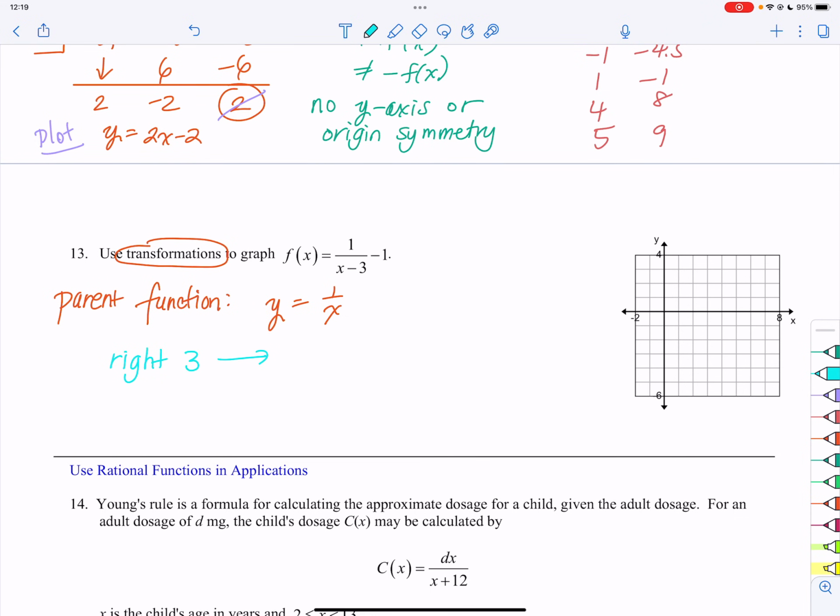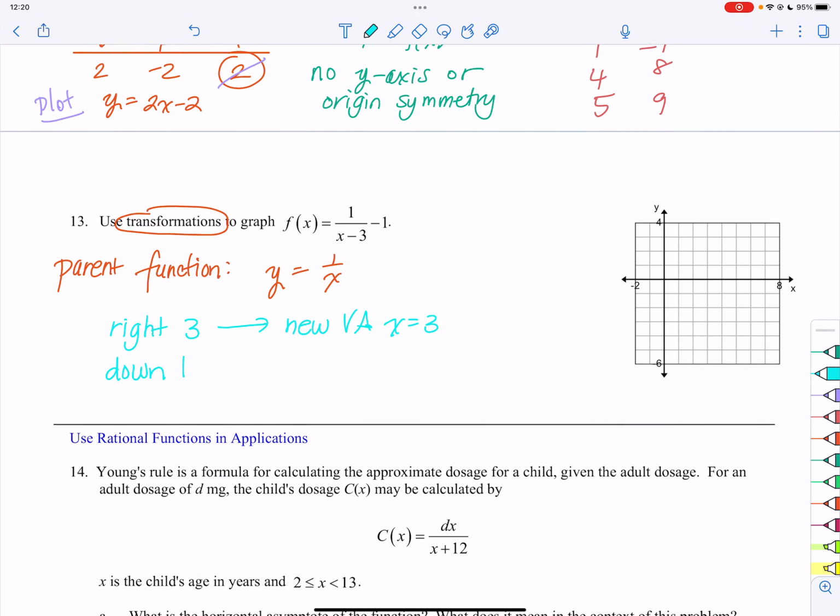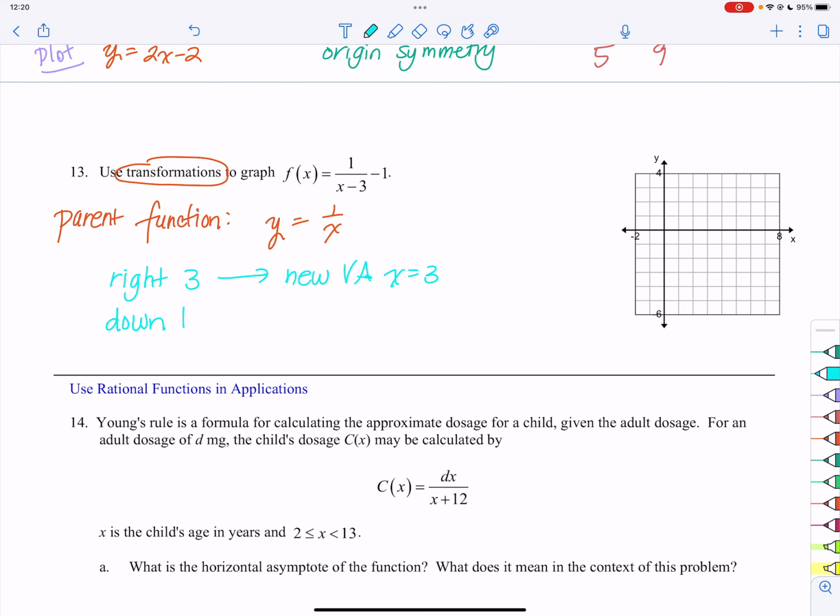So now the new vertical asymptote is x equal to 3. And then you would shift down 1, and the new horizontal asymptote is y equal to -1.